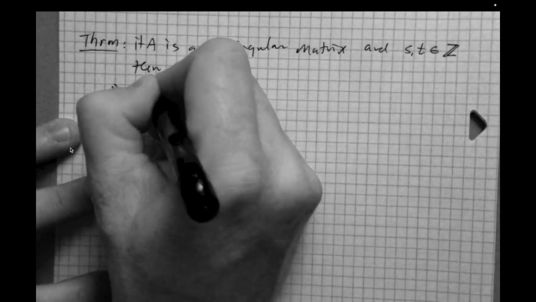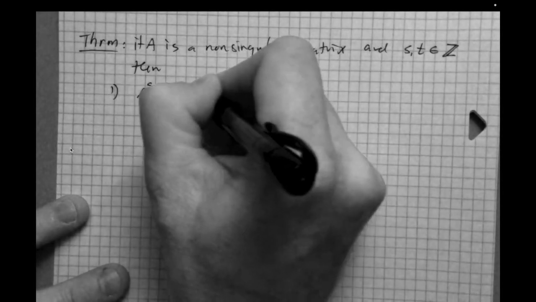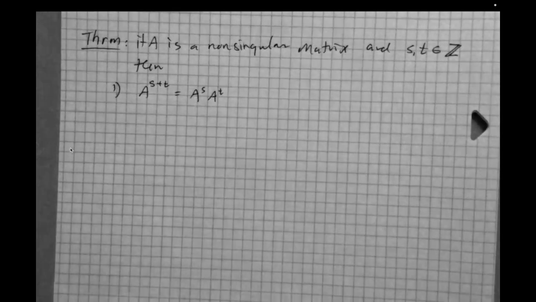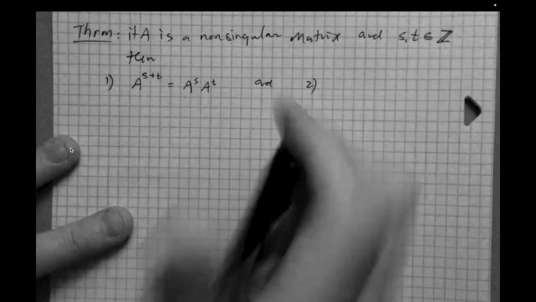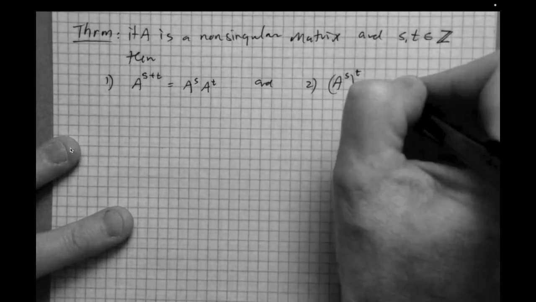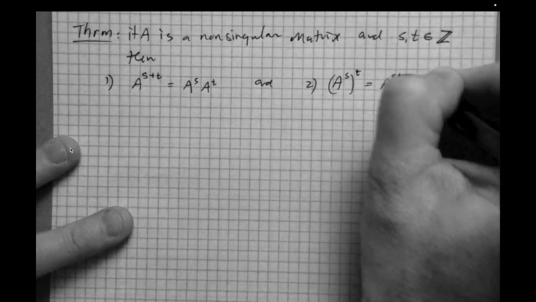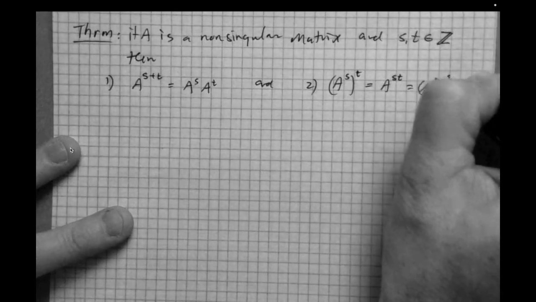First, A to the S plus T power is equal to A to the S times A to the T. And secondly, A to the S to the T is equal to A to the S times T, which is equal to A to the T to the S.